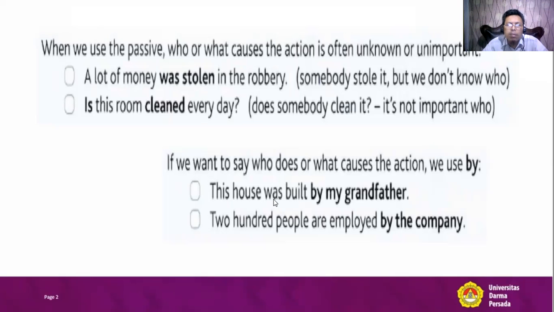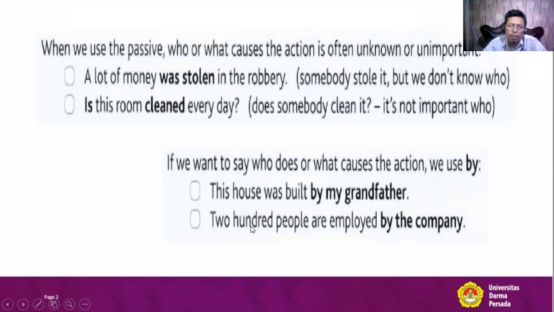This house was built by my grandfather. Everybody, is this a passive sentence? Yes, we have the combination of was and built. So what happens to the house? This house was built. Who did it? The answer is my grandfather. So we have by my grandfather.